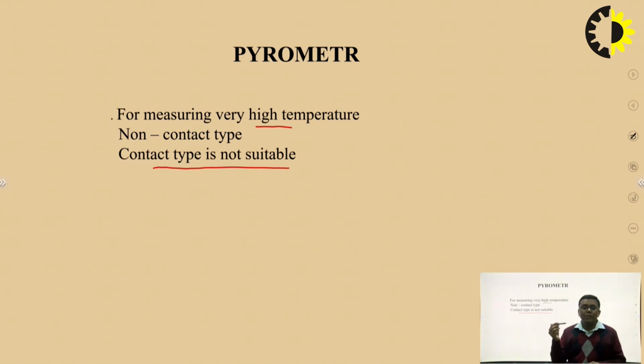If the temperature is very high and I use a simple liquid thermometer, there are chances that the thermometer will get damaged. So for that purpose, we have to use a non-contact type thermometer, which is basically the pyrometer.